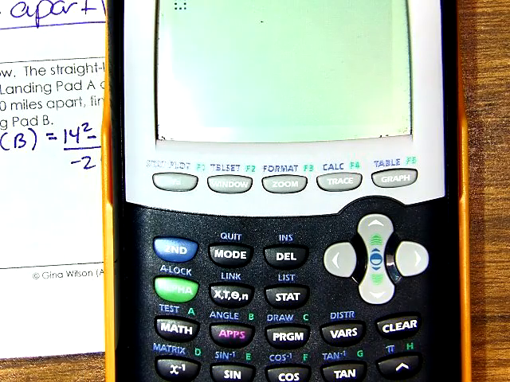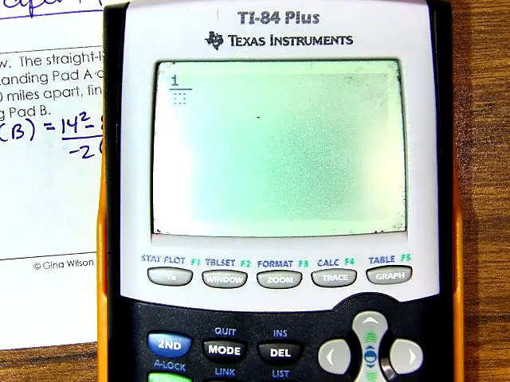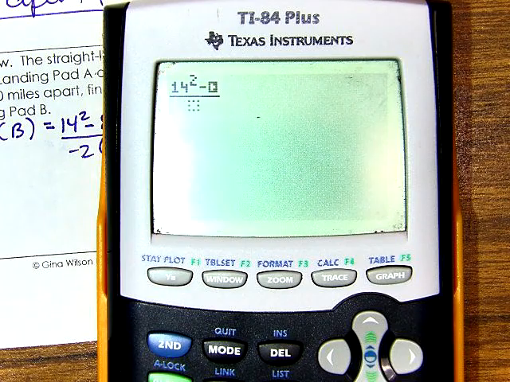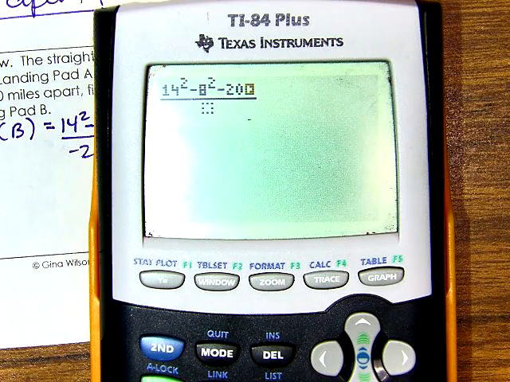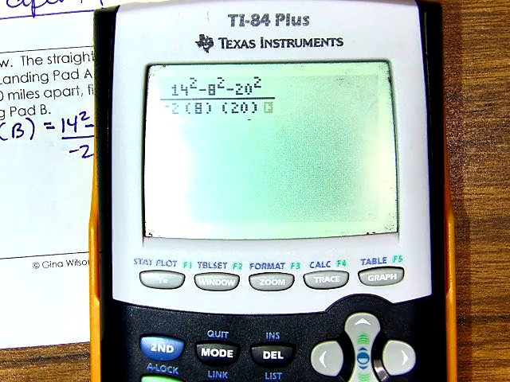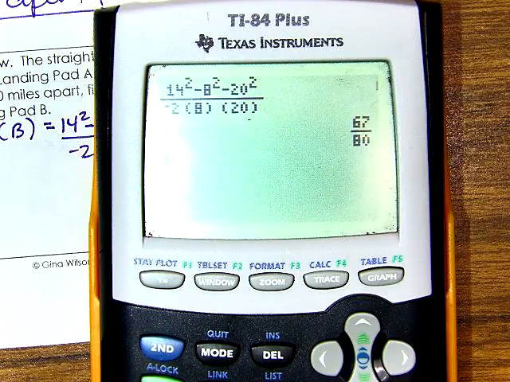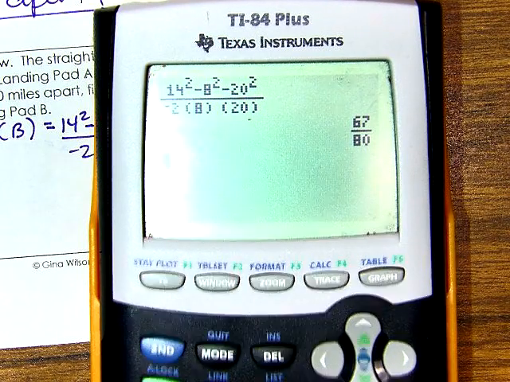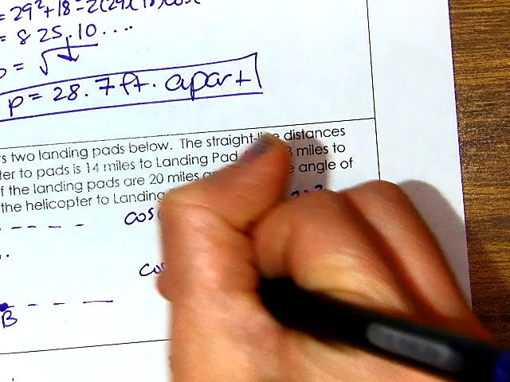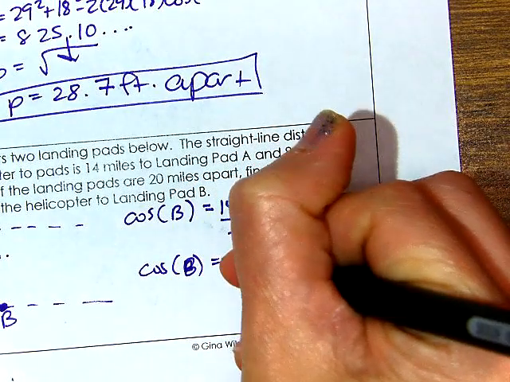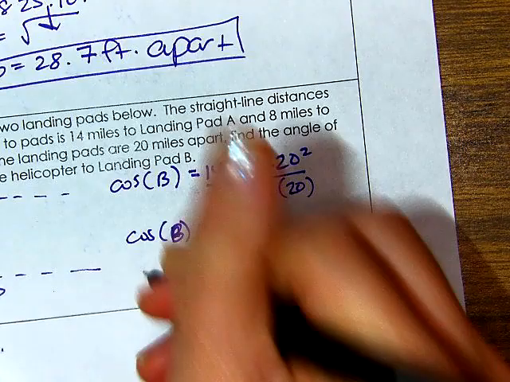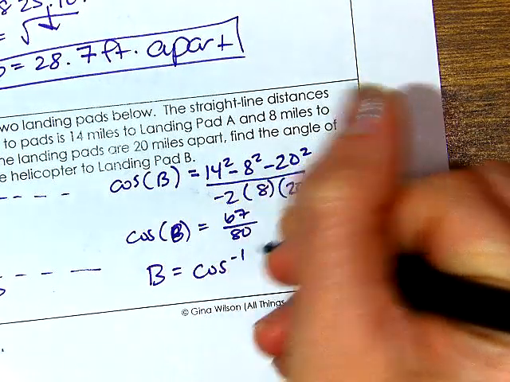So that's going to be 14 squared minus 8 squared minus 20 squared, all over negative 2 times 8 times 20. Oh, and watch this. Make sure that's a negative sign, not a minus. It will give you an error. And I get 67 over 80. So I know that the cosine of B equals 67 over 80.